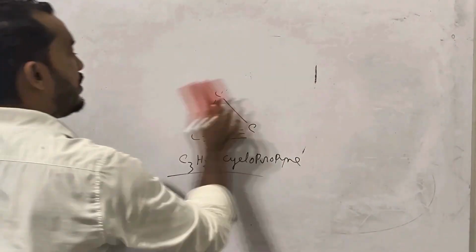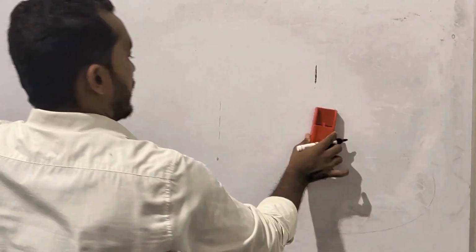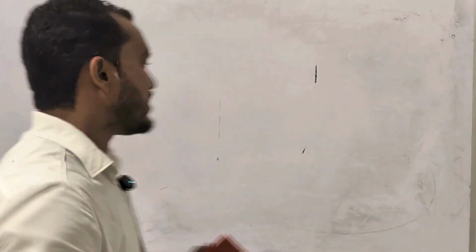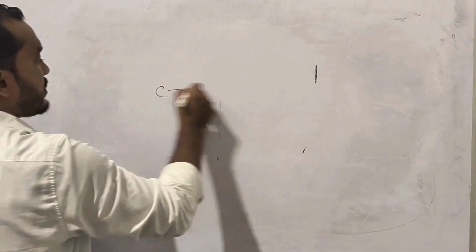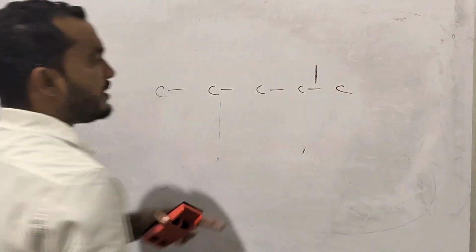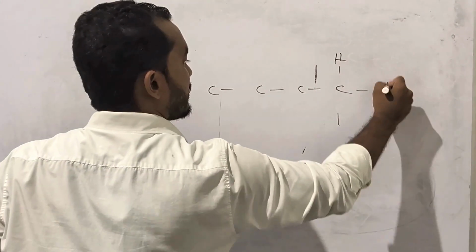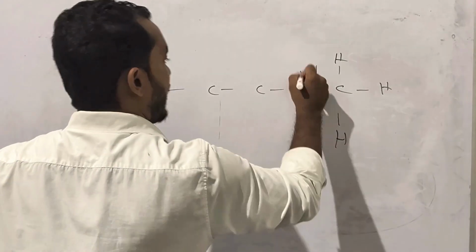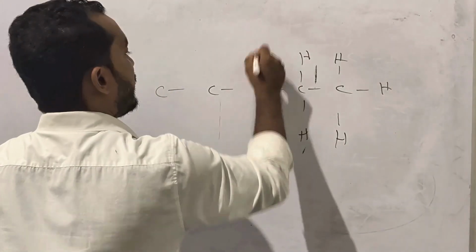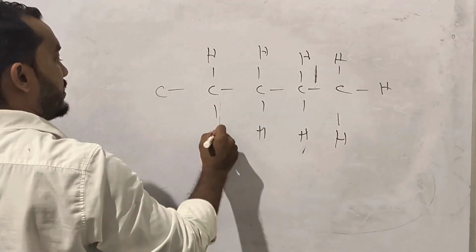Now let me discuss heteroatom. What is a heteroatom? Let me first draw one structure. Suppose this is the carbon chain. Everywhere there is hydrogen.